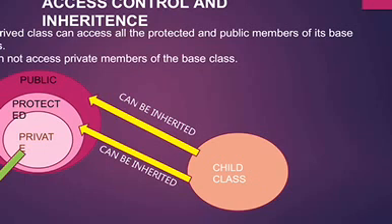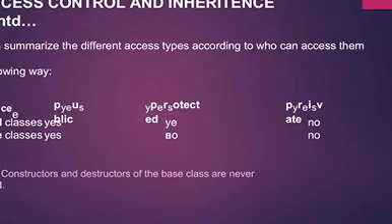Observe the slide. Multiple inheritance is the process of deriving a new class that inherits the attributes from two or more classes.